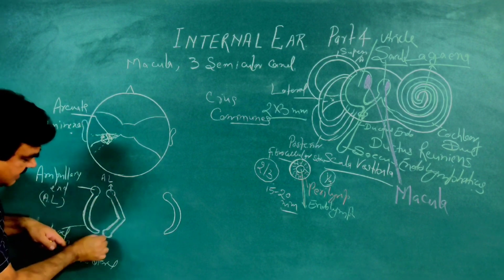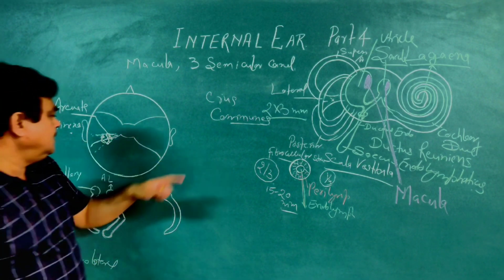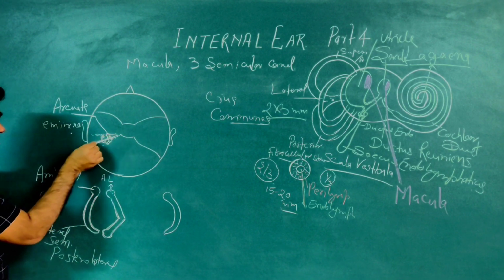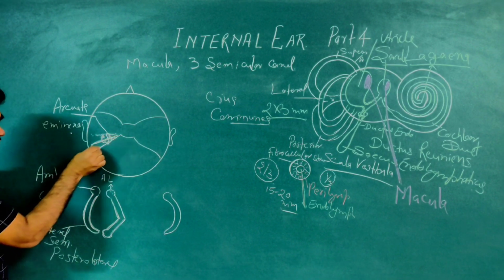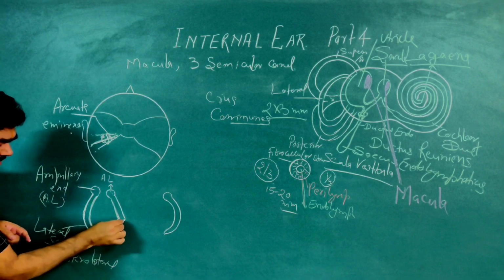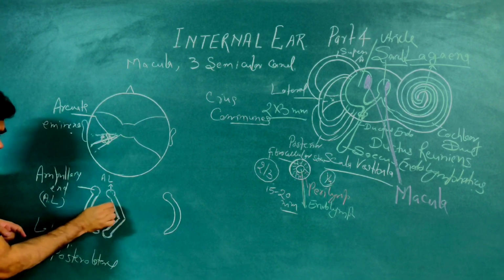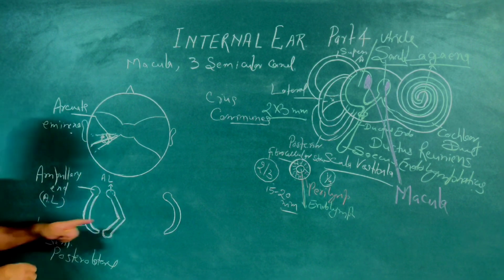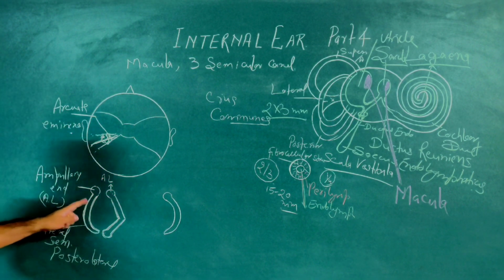And its long axis, you can see here, is parallel with the long axis of the petrous temporal bone. So this lies along the petrous temporal bone, and this lies at right angle to the long axis of the petrous temporal bone. This is horizontal in position.